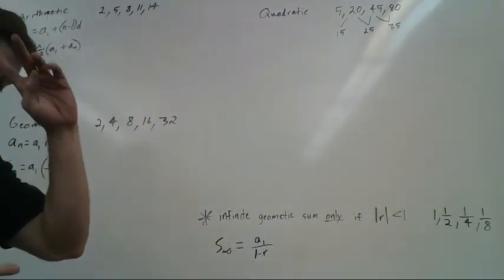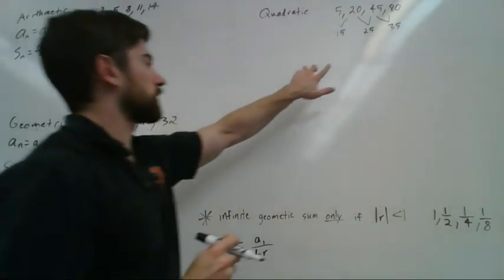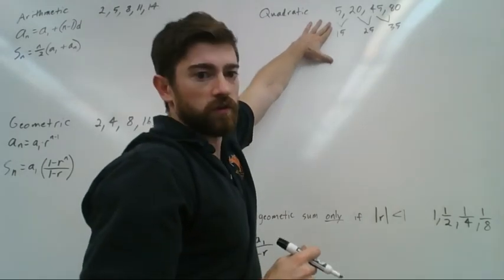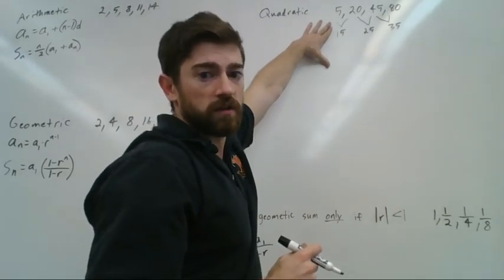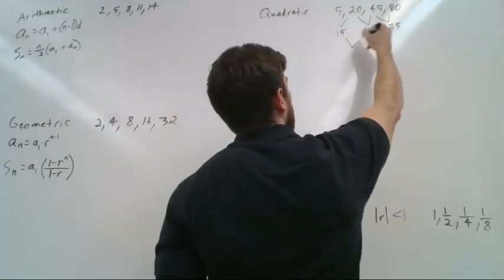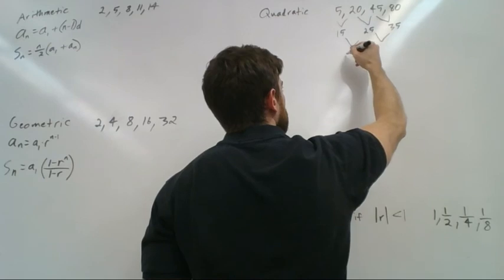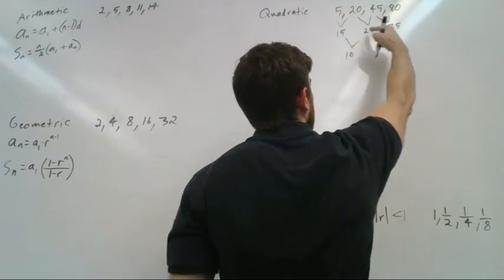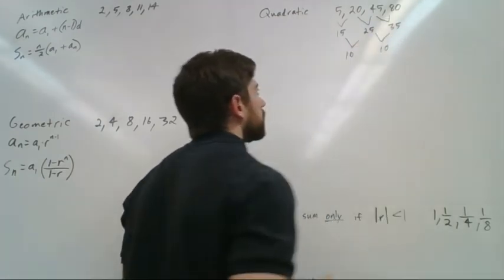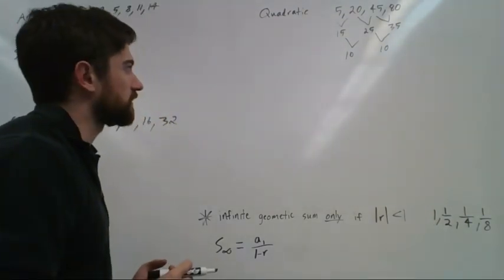So right there, that doesn't seem to tell us much. But we've got to remember, when we're talking about a quadratic, it's not the first difference that we're really concerned with. It's the second difference. If the second difference is the same, then we have a quadratic. So 25 minus 15 is 10, and 35 minus 25 is 10. So we have that consistency.